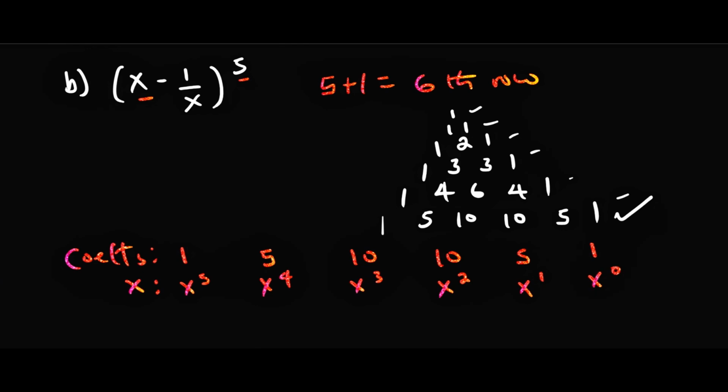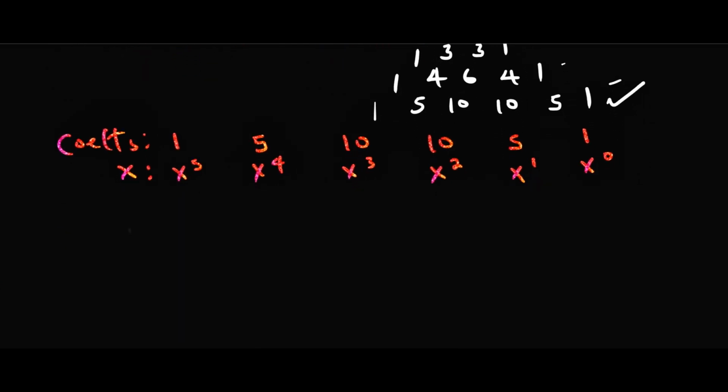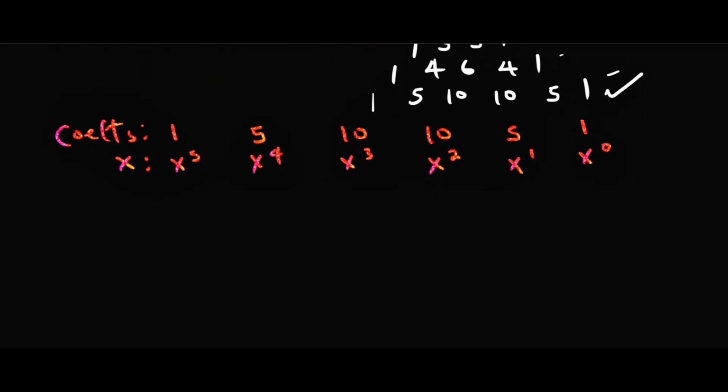The next thing is how the powers of B change. In our case, B is minus 1 over x. So let us see how they change across the expansion. So the powers of B normally increase across the expansion from 0 to n.